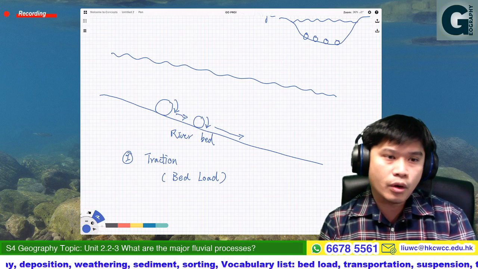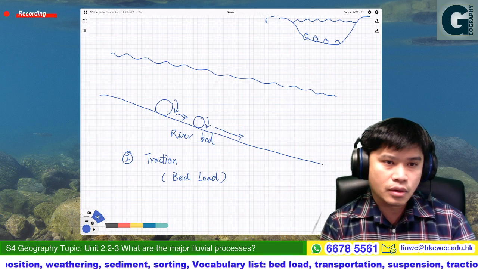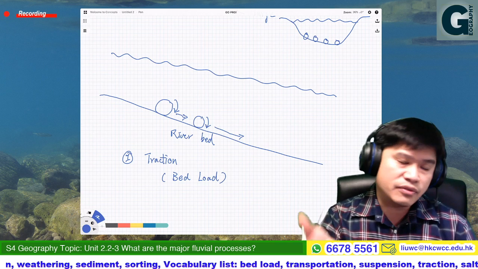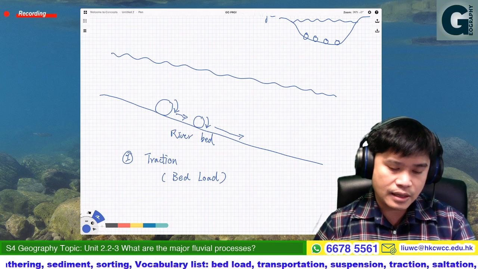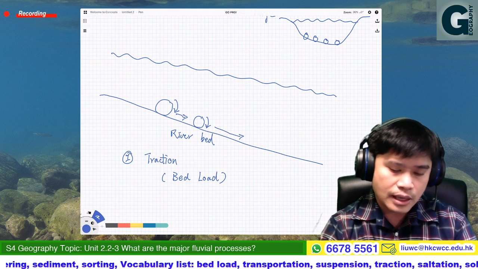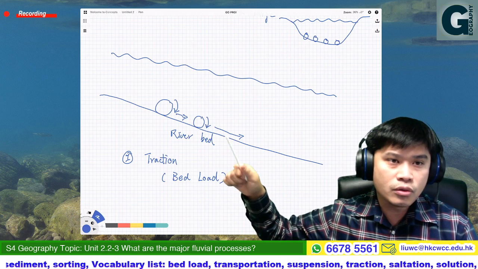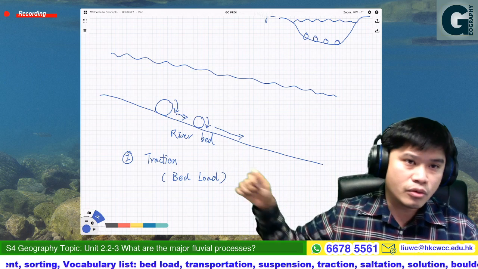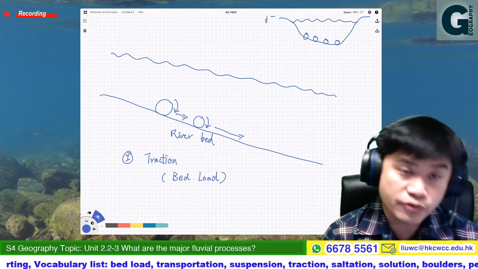Therefore, the river may not have high enough energy to lift those boulders higher. That's why those boulders just roll along the riverbed. So that is the first one, traction.